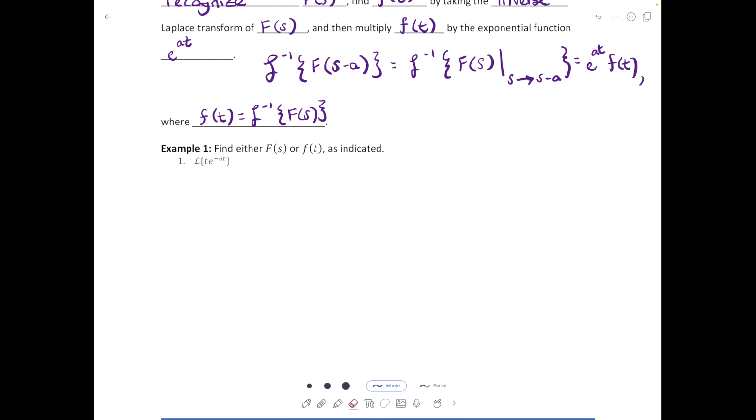This will be equal to the Laplace transform at t as s approaches s minus a, so that would be s minus our a, which is negative 6, because that's the coefficient of t.